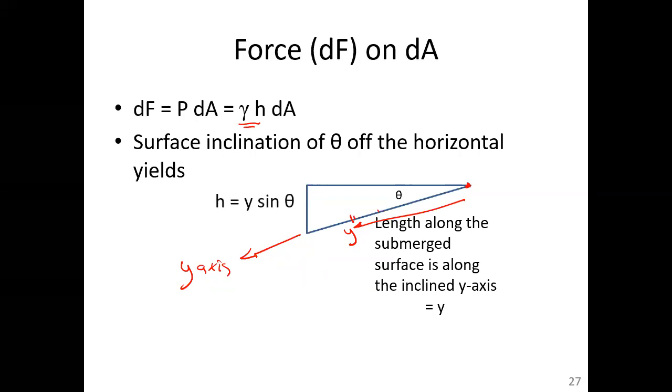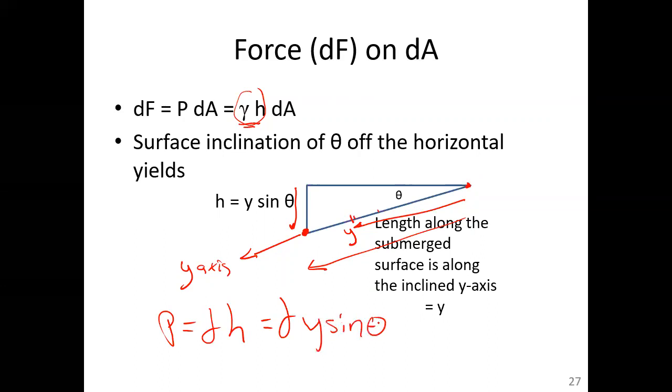In the vertical, from the geometry, we know that the vertical dimension h is equal to y sine theta. So on the previous slide, we said each dA was submerged h below the surface, or y along the inclined axis to that same location. If this was the point of interest, we can measure along the y-axis this way, or along the h-axis. Pressure is equal to gamma h, or gamma y sine theta, at that point.